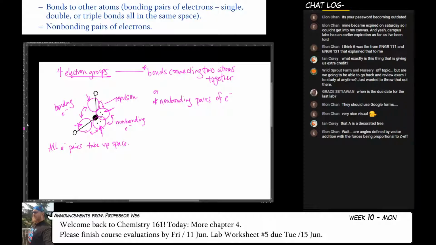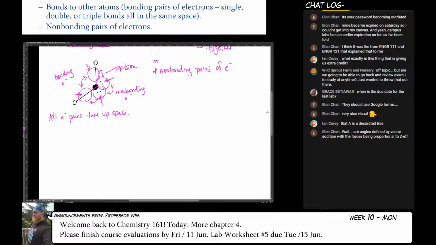Now, if I were to have a different molecule, like, say, formaldehyde, like we had above, here's my molecule, and I would ask for the central atom, where are the electrons around it? So I would go, okay, there's electrons in this bond here, electrons in this bond here, and then I have this double bond. Well, they're both connected to the same atom.